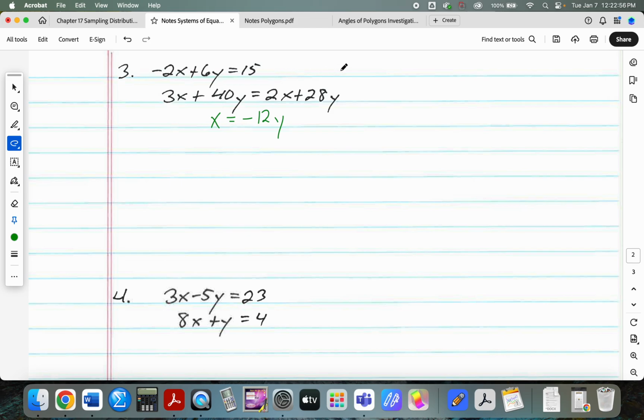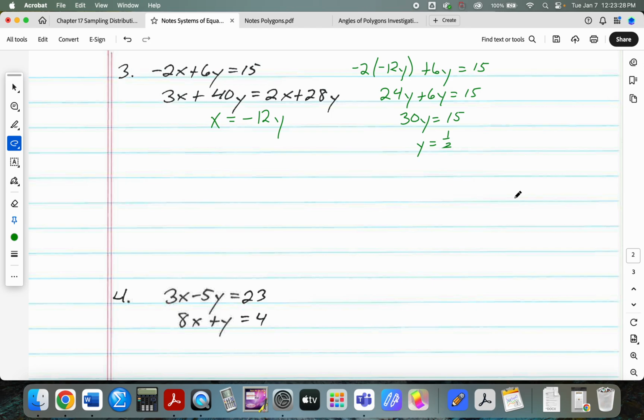So replacing the x with negative 12y, we have negative 2 times negative 12y plus 6y is equal to 15. So it'll be positive 24y plus 6y is 15. So 30y is 15, so y is a half.